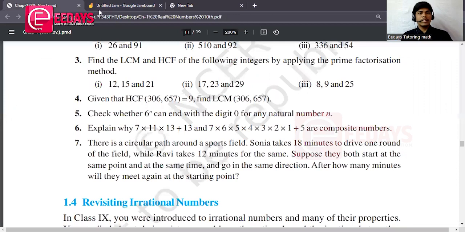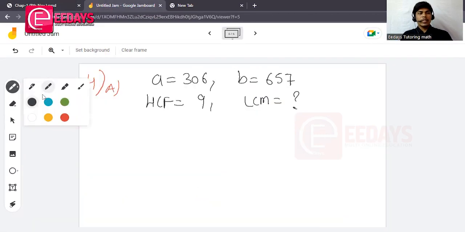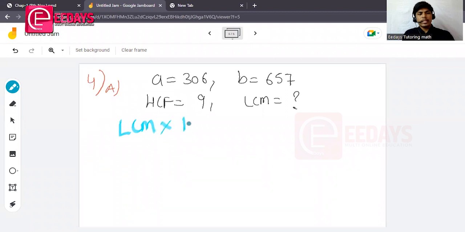All right, let's find the LCM. Here, of the four quantities, three are known: A, B and the HCF, and we need to find the LCM. What is the formula? We know the formula: LCM into HCF is equal to the product of A into B, the product of the two numbers.